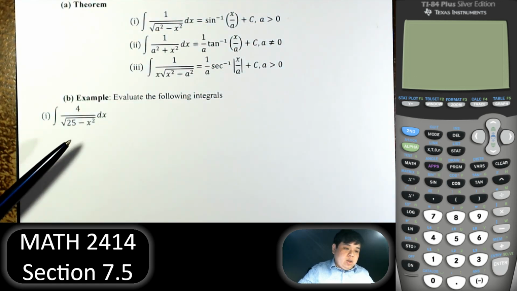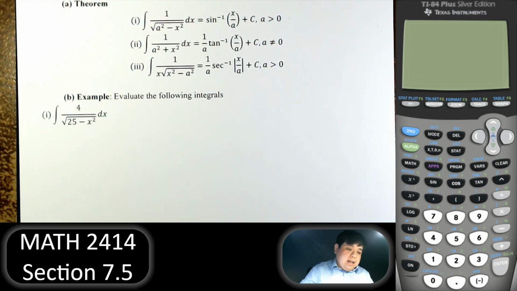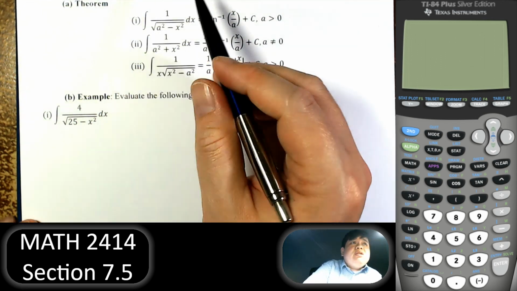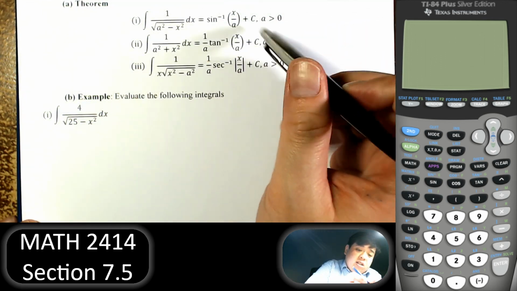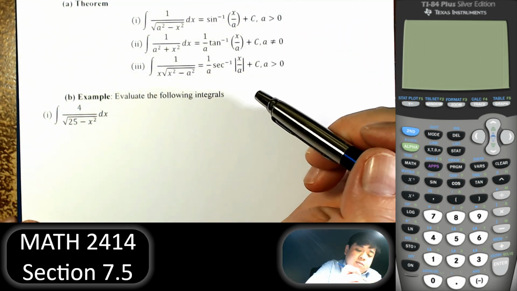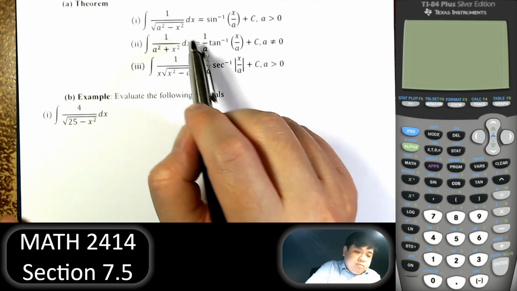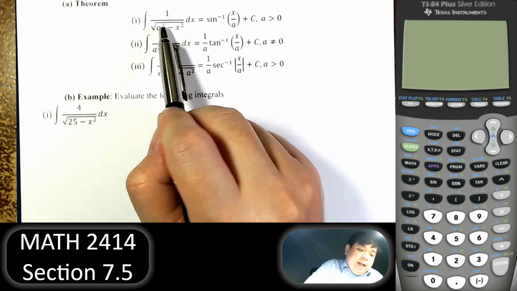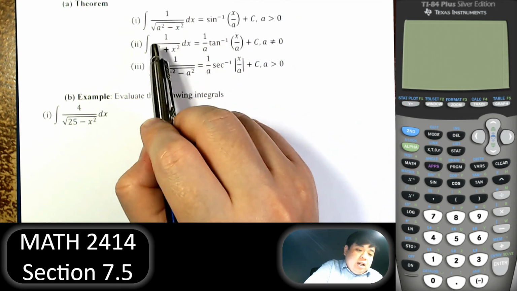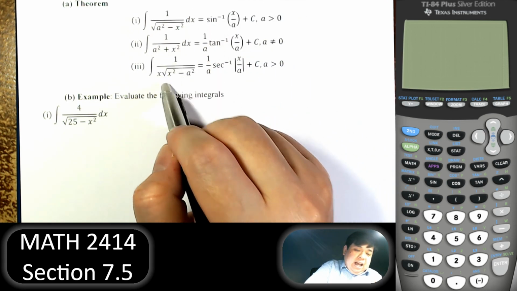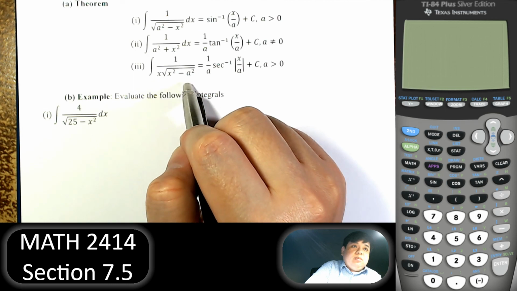Right. So first we have this, and in these formulas, a is a constant. And what we need is 3 forms. The constant minus x squared, constant plus x squared, and x squared minus the constant squared.